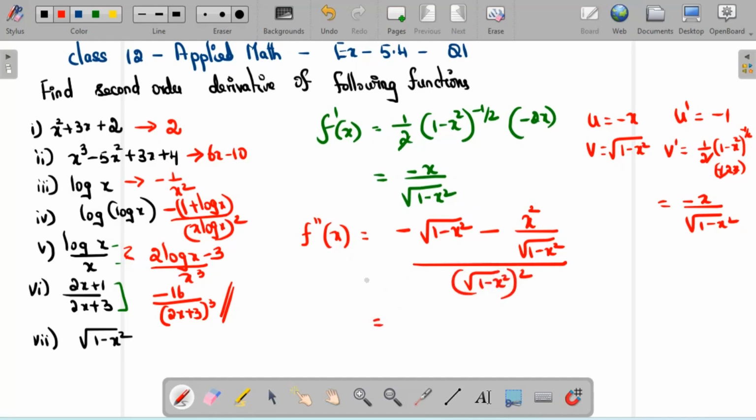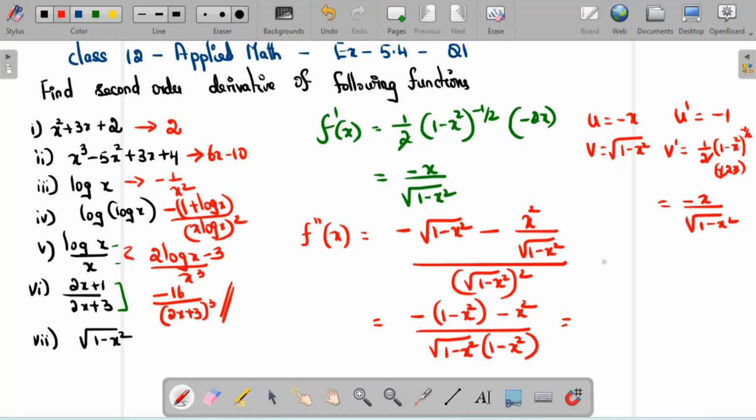Now I'm going to take LCM in the numerator. So this will become minus of, this is root of 1 minus x squared twice, so it is minus of 1 minus x squared minus x squared. I'm bringing down the denominator to this, so 1 minus x squared into 1 minus x squared. This root and square I cancelled and wrote it like this. Now let's remove the bracket out here.